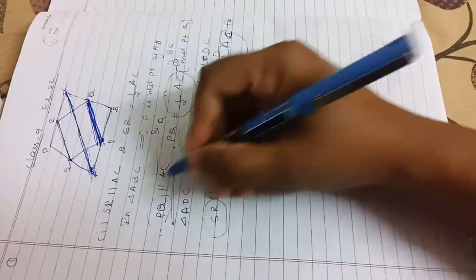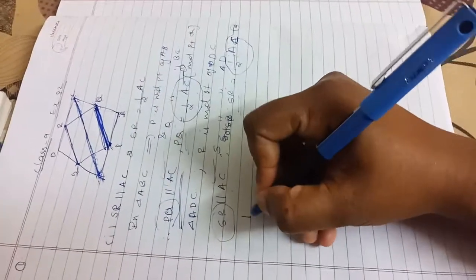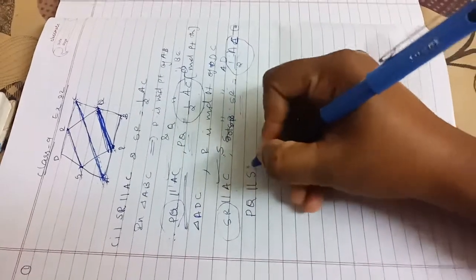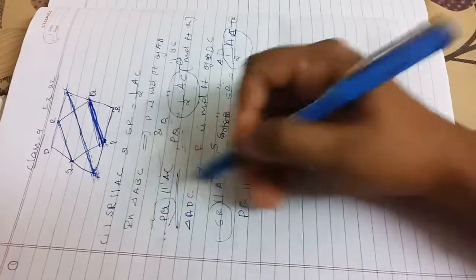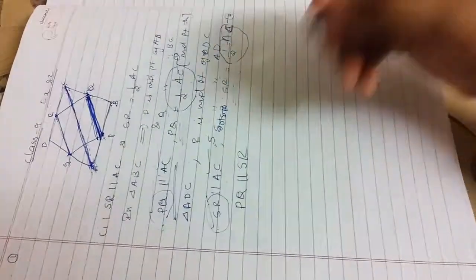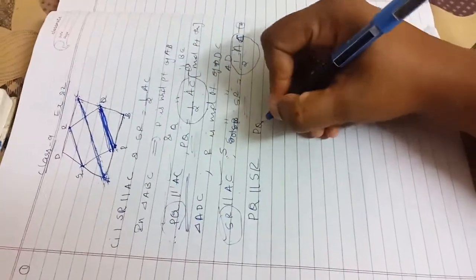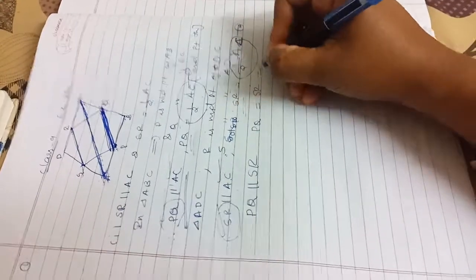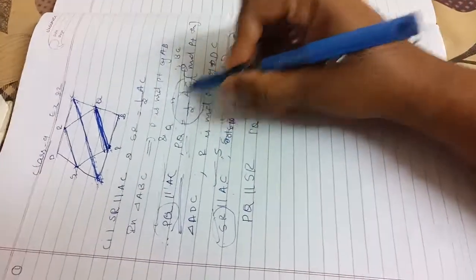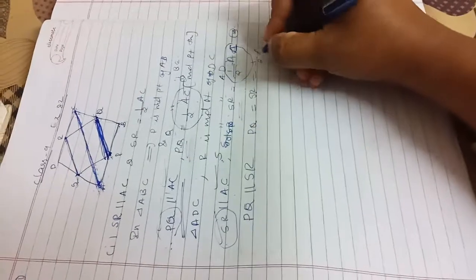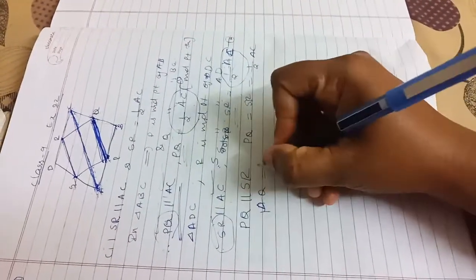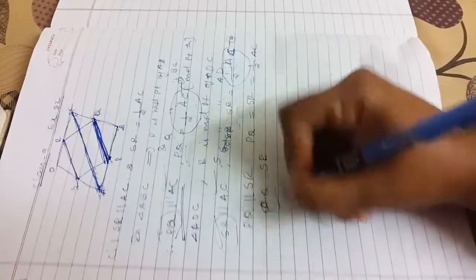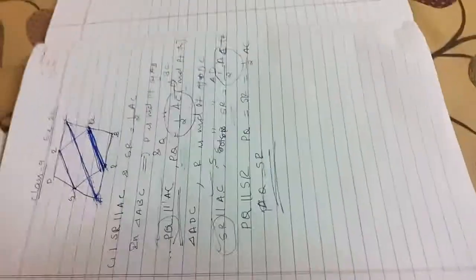So by combining these two equations, we can write here PQ is parallel to SR because PQ is parallel to AC is parallel to SR. So PQ is parallel to SR. We can write it from here, and PQ is equal to SR is equal to, what is the answer? Half AC. That means we can write here PQ is equal to SR. Okay, so this second part over.